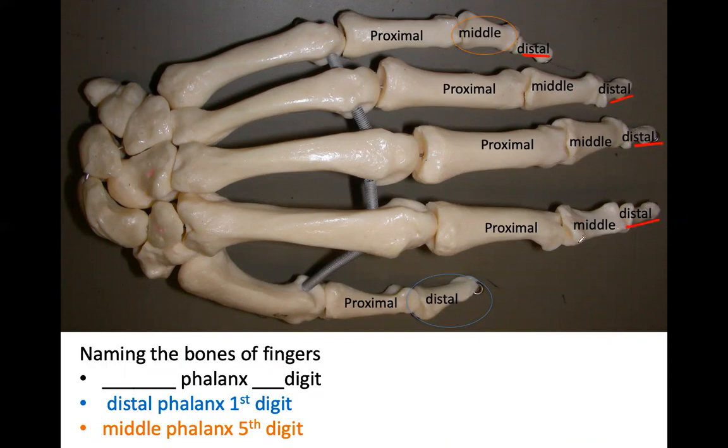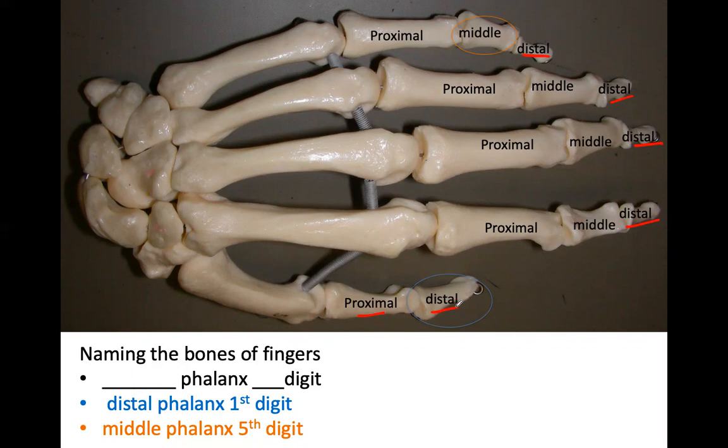You have the bones in the middle, and then the one closest to your points of attachment is your proximal bone. Your thumb, since it only has 2 bones, has proximal and distal. I tell my students, remember, if you have 2 kids, you won't have a middle kid, right? You have either the first kid and the last kid. That's it. There's no middle kid.